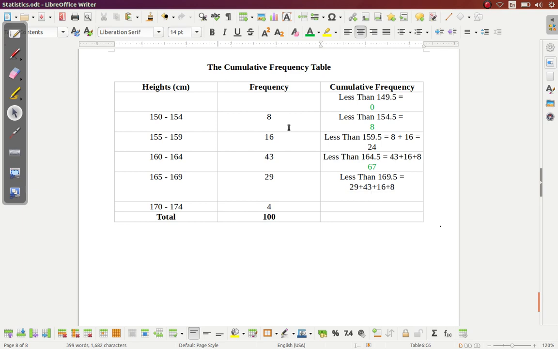All of that adds up to what? If you add them, 29 plus 43 is 72, plus 16 is 88, plus 8 is 96. 96.